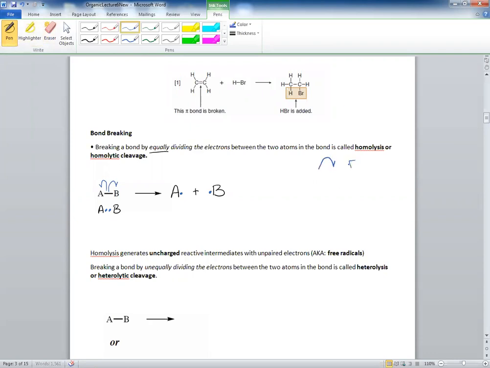This is called a fish hook arrow, and they are for the movement of one electron. One electron. This is key. Notice this half-headed arrow should tell you that this is carrying 1 electron, not 2. The double-headed arrow would be 2, so you might have guessed that right.